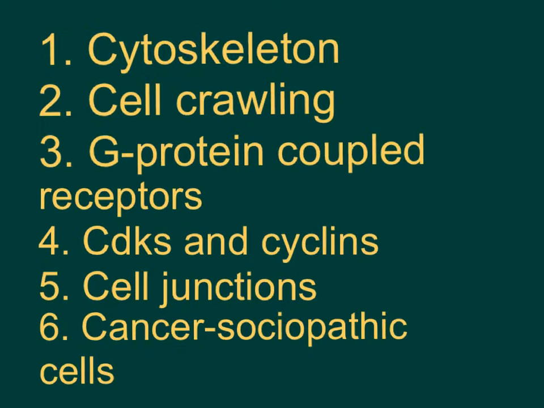We will speak about cell crawling, specifically actin within cell crawling, and integrin, G-protein coupled receptors, whereas cyclic AMP and calcium are second messengers, cyclin-dependent kinases and cyclins and their role in the cell cycle, cell junction types and tissues, and cancer, sociopathic cells.